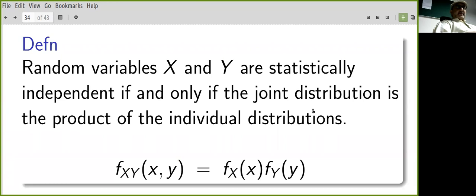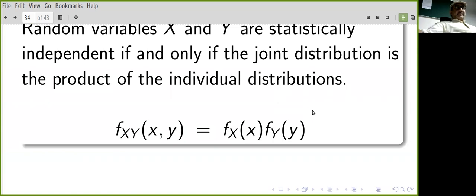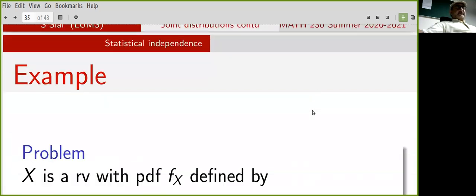So the joint PDF f sub xy of x, y is equal to f sub x of x times f sub y of y, or the joint PMF f sub xy is equal to the product of the individual PMFs, f sub x times f sub y.